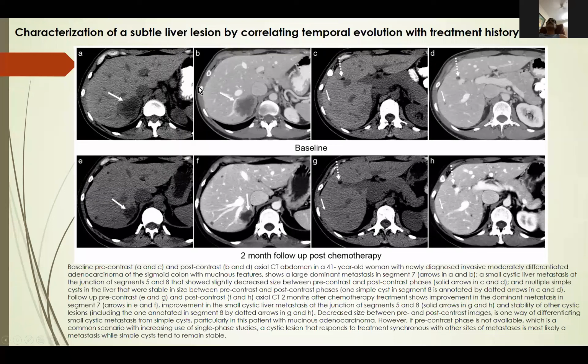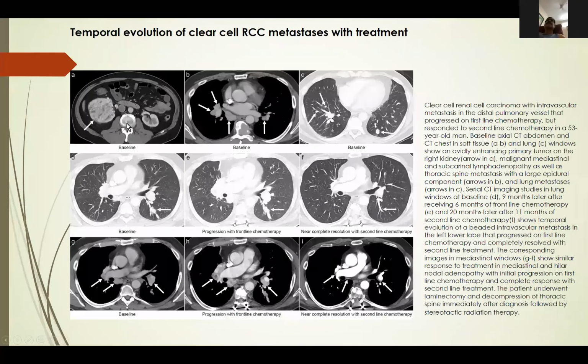Just keep in mind that we can characterize subtle liver lesions by correlating the temporal evolution and treatment history. Another patient, showing how we can use temporal evolution and understand the spread. Here, the patient has a clear cell renal cell carcinoma.